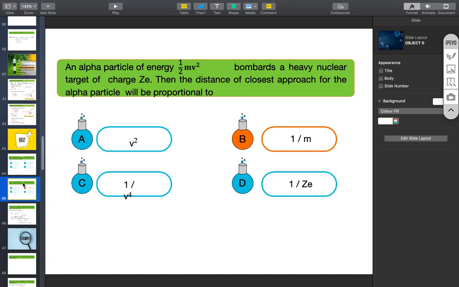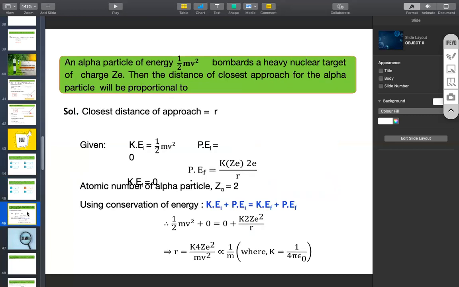This means that if the mass is more, the distance of closest approach will be very less. In other words, the alpha particle will go to the maximum extent if the nucleus is heavy. Is it clear to everyone?